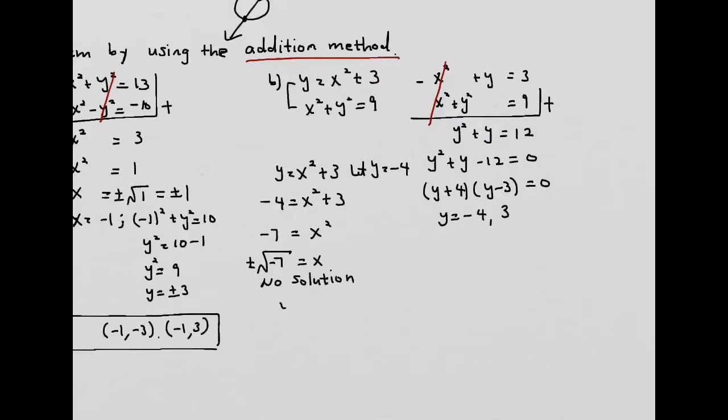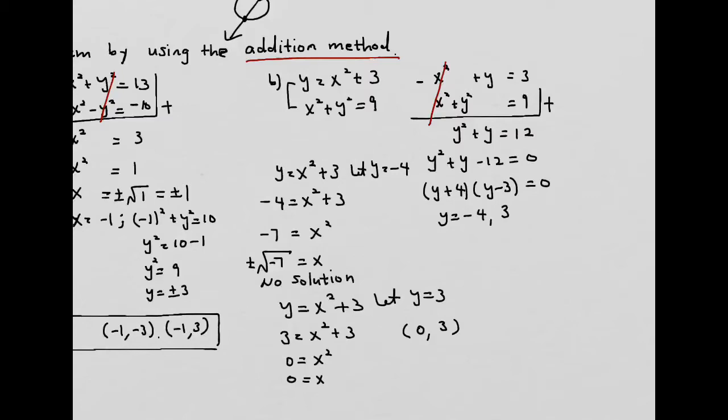What about for y equals x squared plus 3? But then I'm going to let y equal 3. Y equal 3, I get 3 equal x squared plus 3. And when I subtract 3 from both sides, I get 0 equal x squared. And I know my x is going to be 0. So here, when x is 0, my y will be 3.